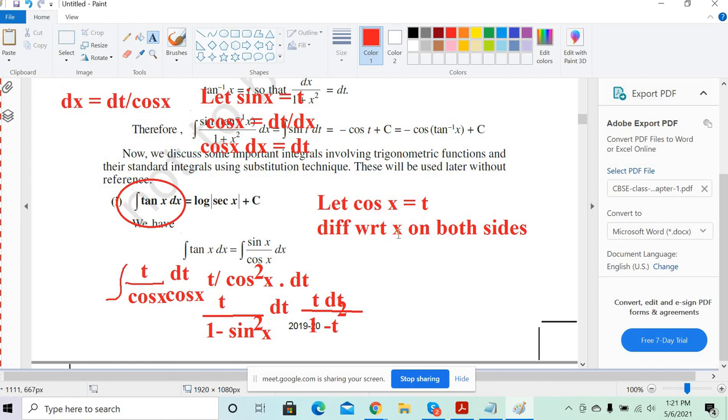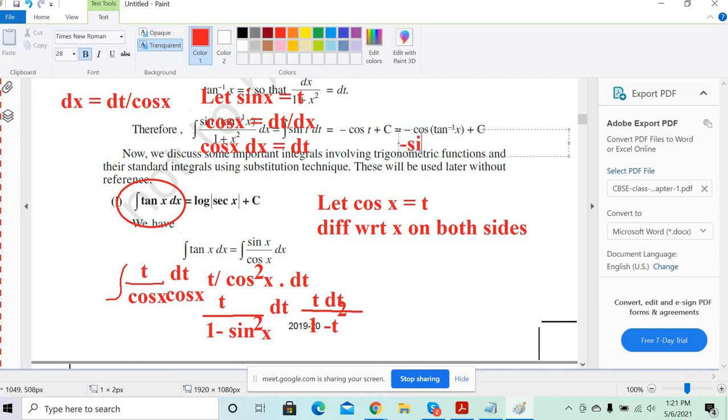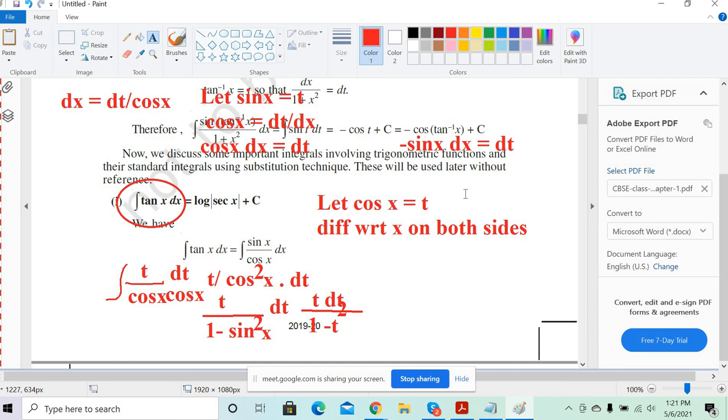Now assume cos x is equal to t. When you differentiate both sides, what do I get? The differentiation of cos x is minus sin x dx is equal to dt, correct? Now you can see sin x dx can be easily replaced with dt, and cos x you can replace with t.